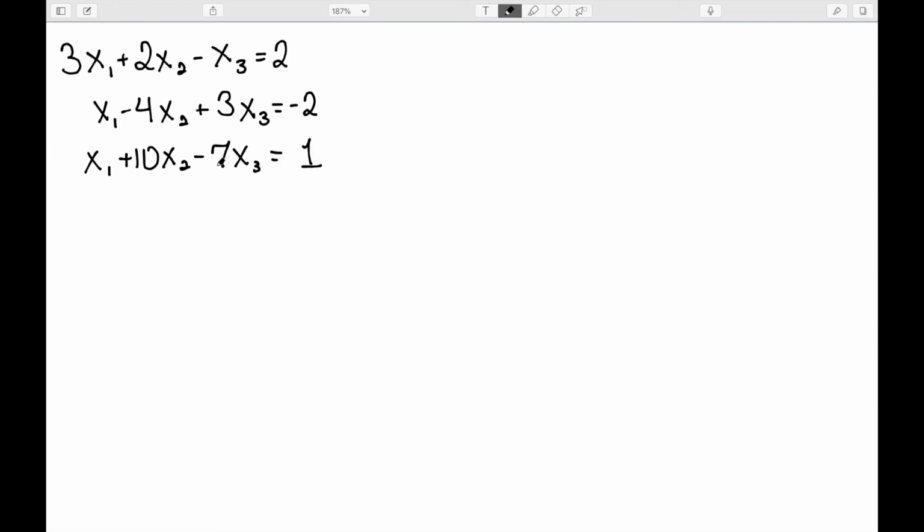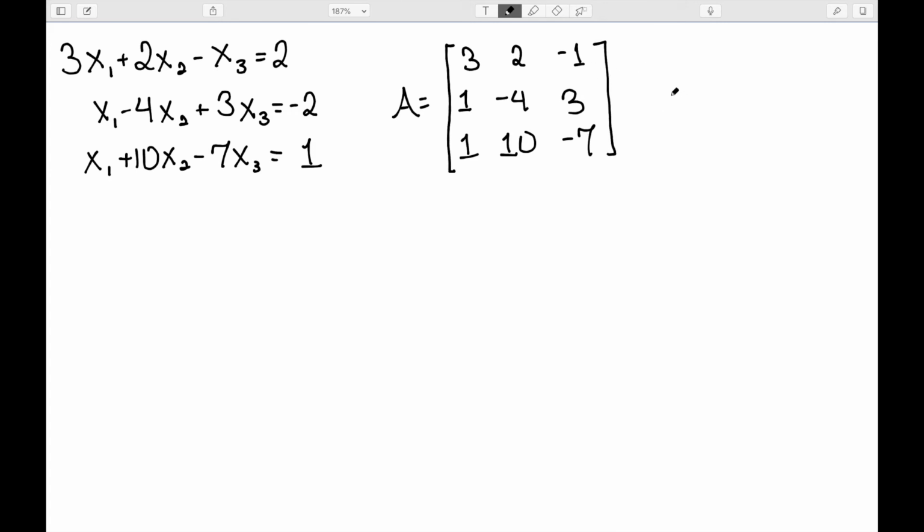This time, I have a system of 3 equations with 3 variables. So my matrix A comes from the coefficients: 3, 2, minus 1, 1, minus 4, 3, and 1, 10, minus 7. My vector b comes from the constants, which are 2, minus 2, 1. So we start the same way we did before.